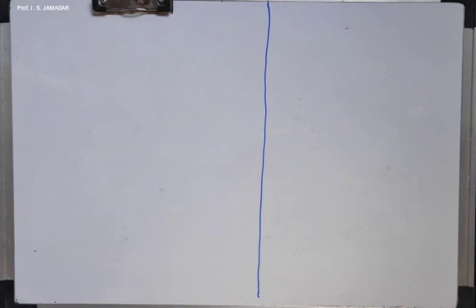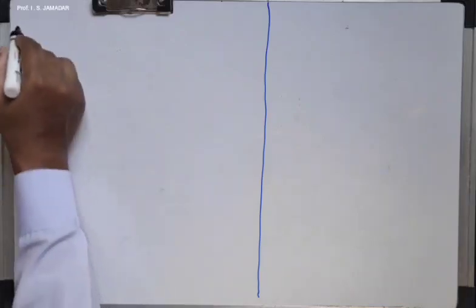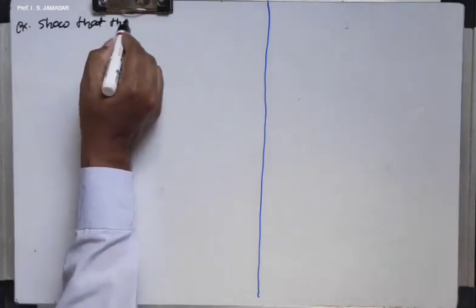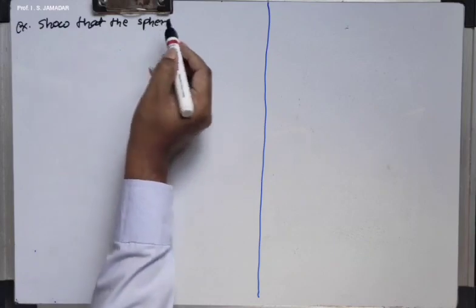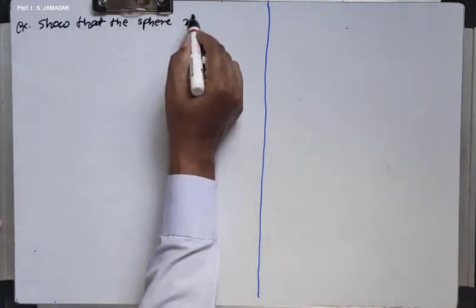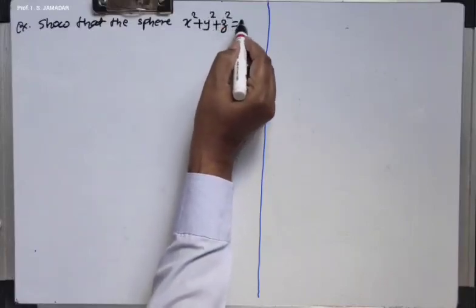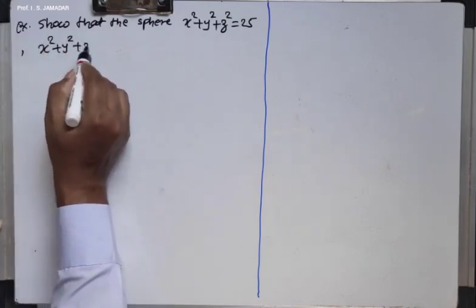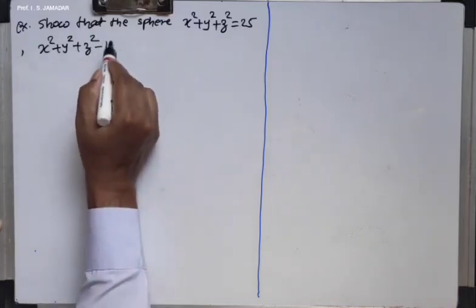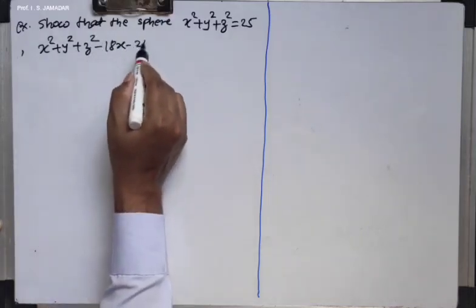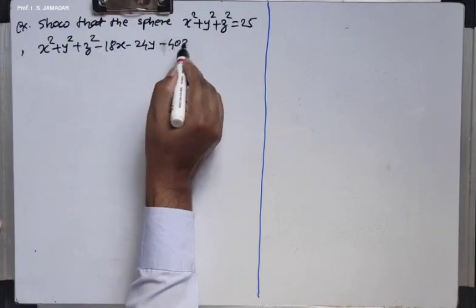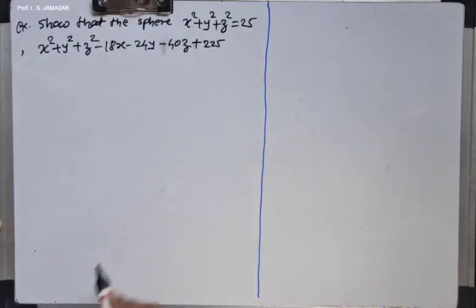Show that the sphere x square plus y square plus z square equal to 25, and x square plus y square plus z square minus 18x minus 24y minus 40z plus 225 equal to 0.